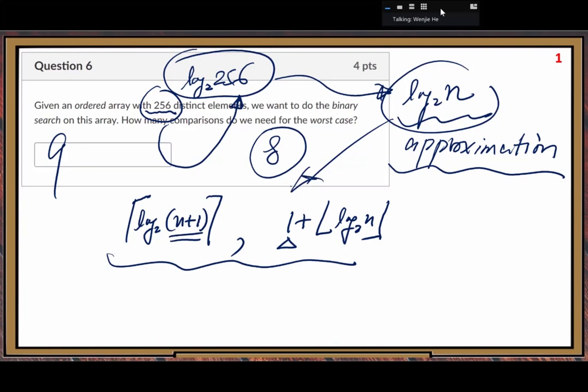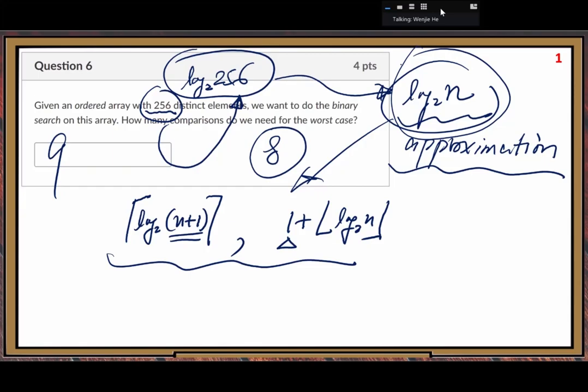Otherwise, even if you use the wrong formula, you may still get a correct answer. If it's not power of 2, so you use the wrong formula, here floor ceiling function, you may still get the correct answer. All right. So that's this question.